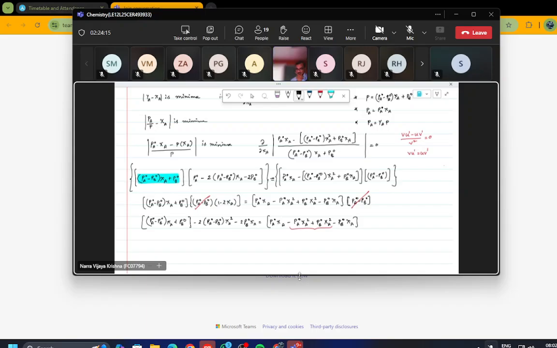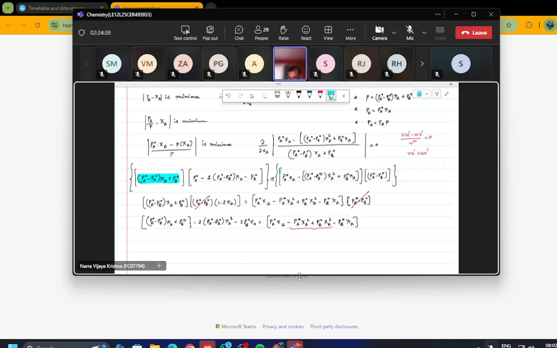I have done it correctly. This is minus PB naught into XA. Minus PB naught into XA means minus PB naught only. Differentiation over. Now, the other part.